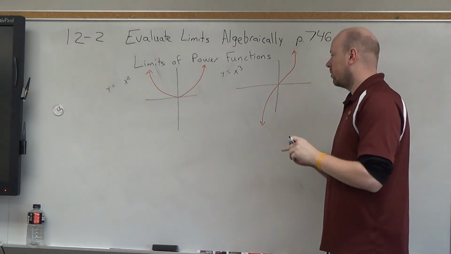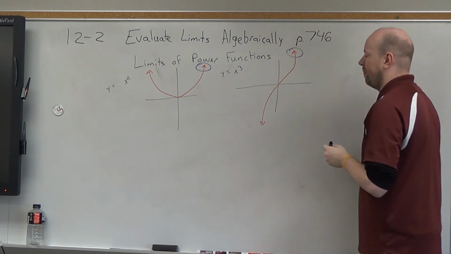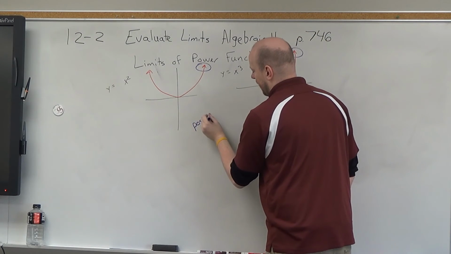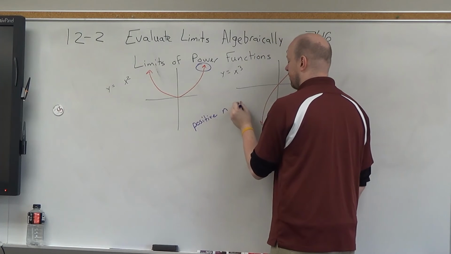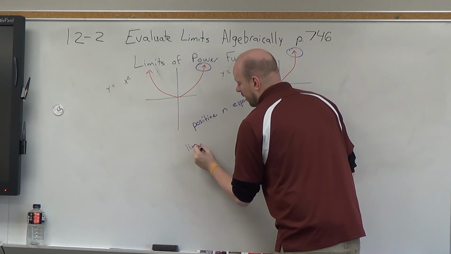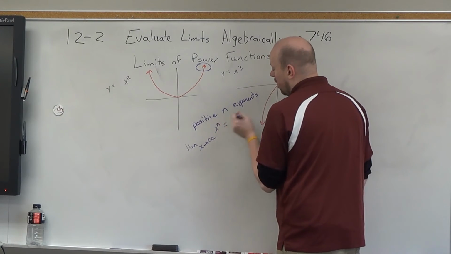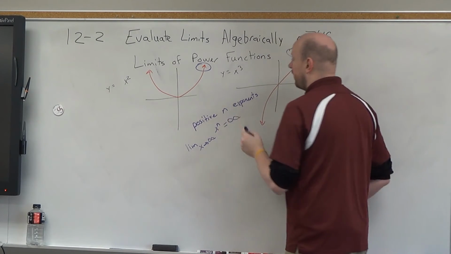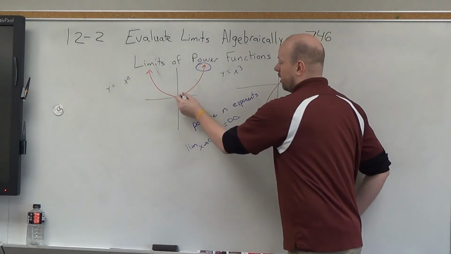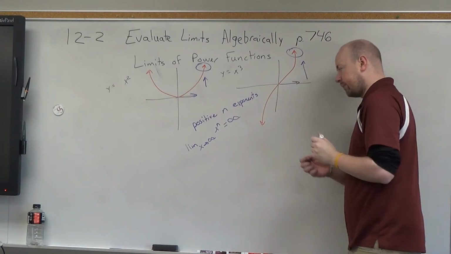What's interesting to note is, right here, for positive n exponents, the limit as x approaches infinity of just a power function will always, always, always be infinity. They are both approaching positive infinity. Whenever x is going that way, the y is always going up.